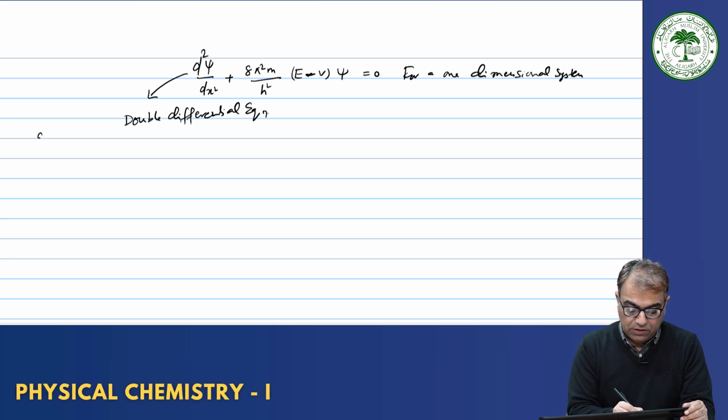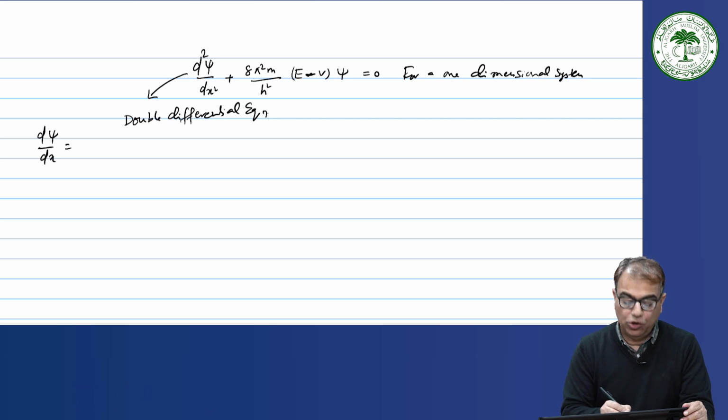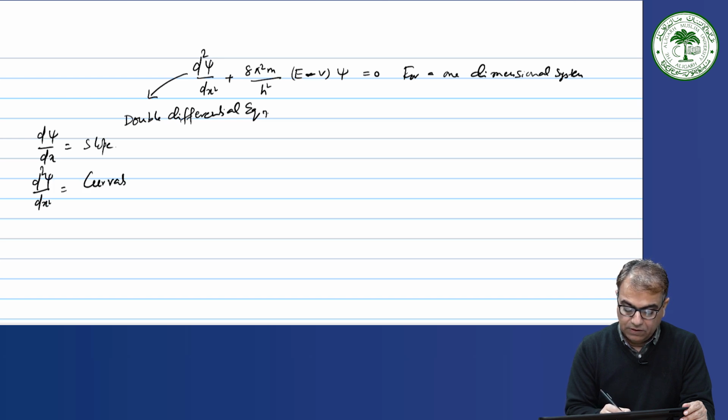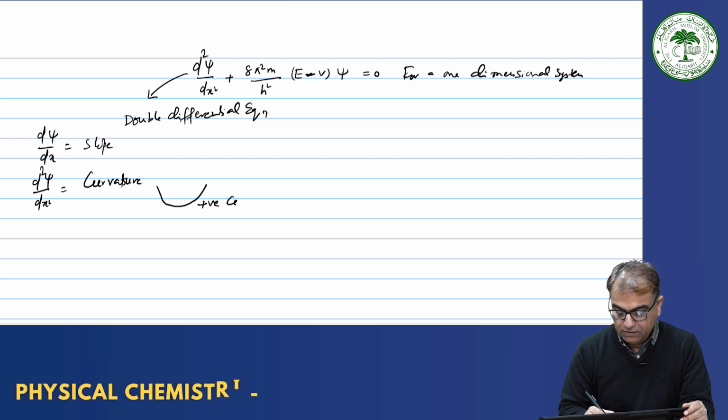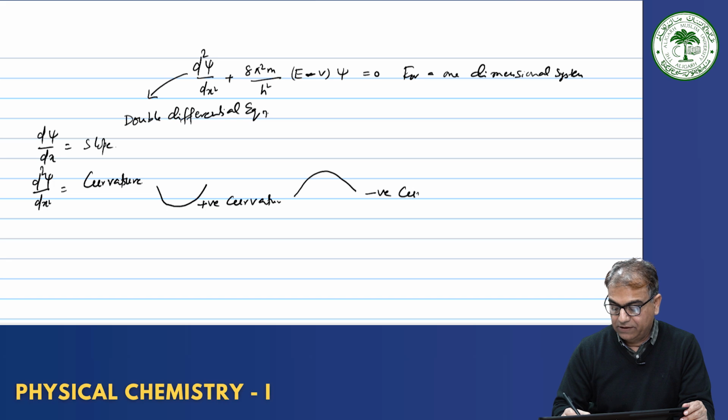I said that d psi by dx gives you the slope of the wave function. What will d square psi by dx square be? It will be the curvature of the wave function. And curvature could be plotted like this, a positive curvature, or like this, a negative curvature.